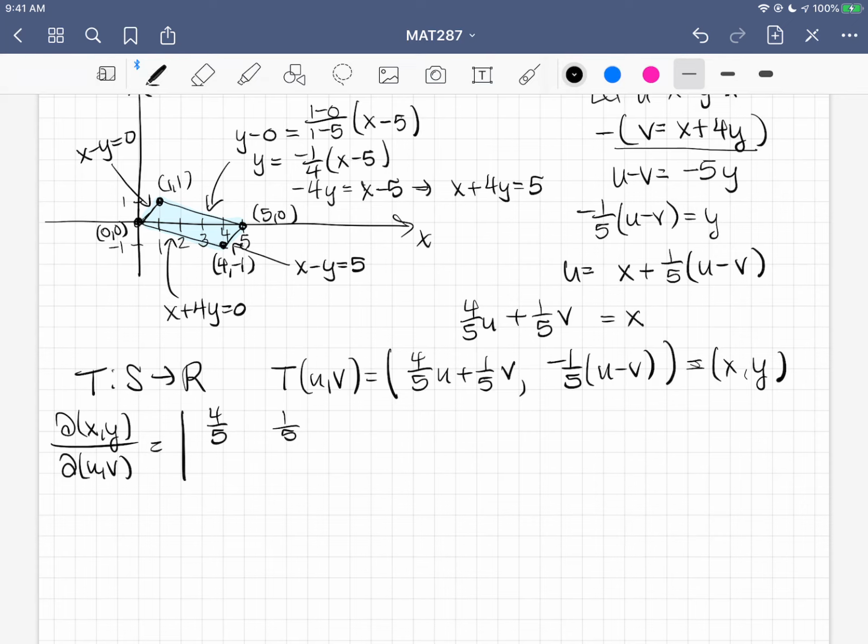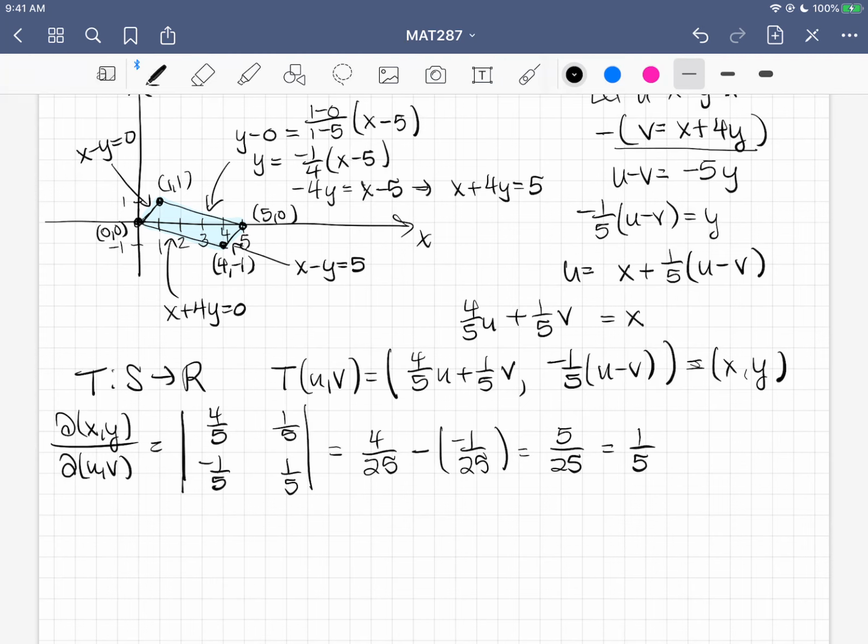The partial of y with respect to u gives me negative 1/5 in the bottom left. And then in the bottom right, I want the partial of y with respect to v, which is positive 1/5. And I want the determinant of that matrix. That gives me 4/25 minus negative 1/25, which is 5/25, or 1/5.